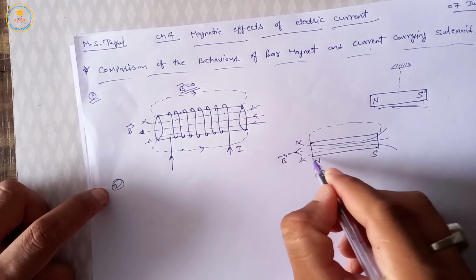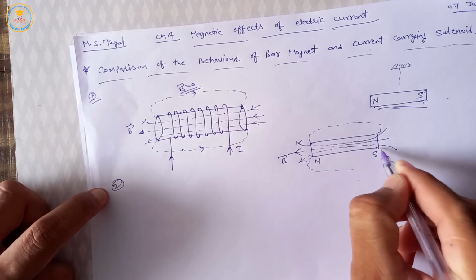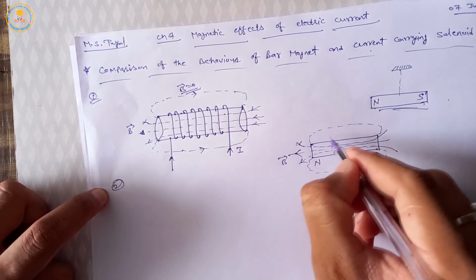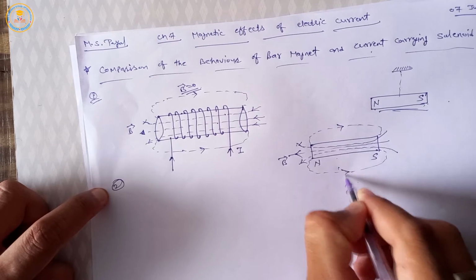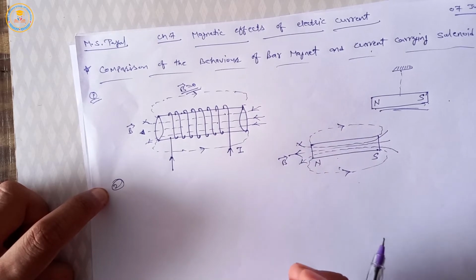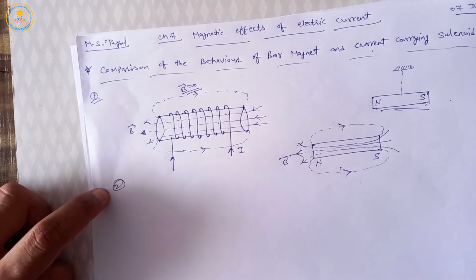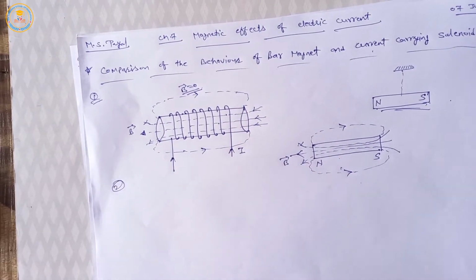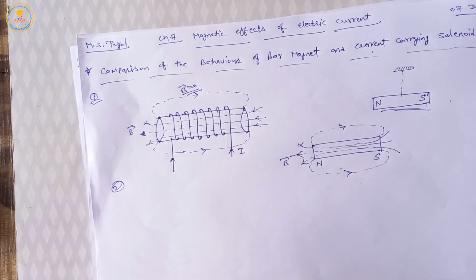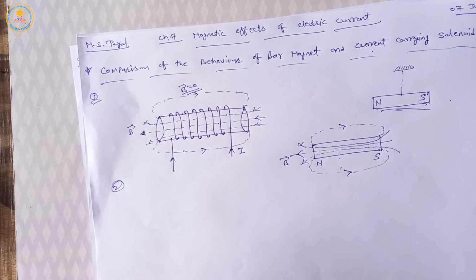It means the magnetic field at the outer side of this bar magnet exists, and at different points the value of this magnetic field is different. This is the comparison of the behavior of bar magnet and current carrying solenoid. Some are similarities and some are differences.